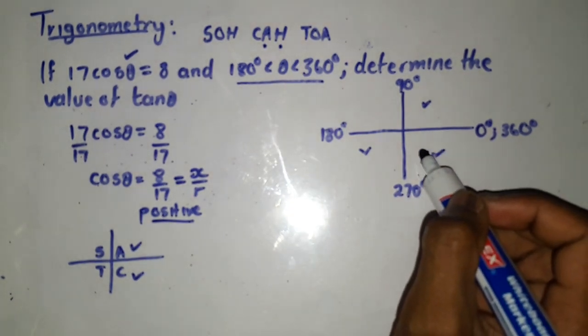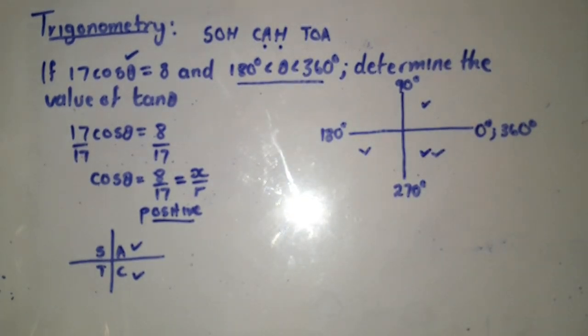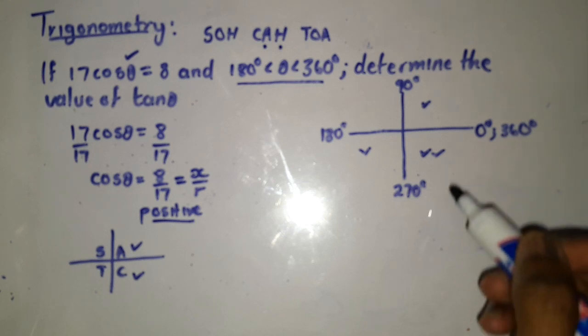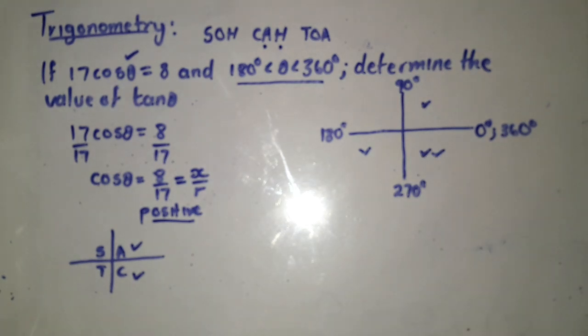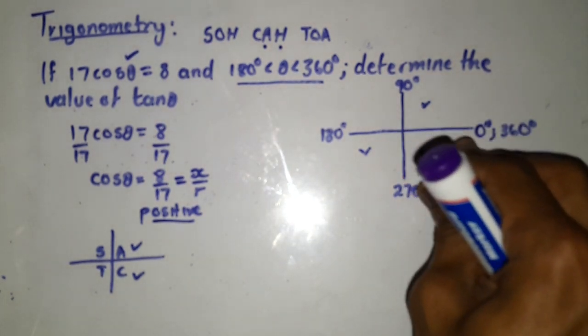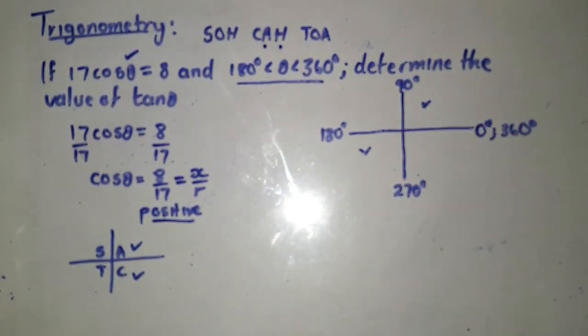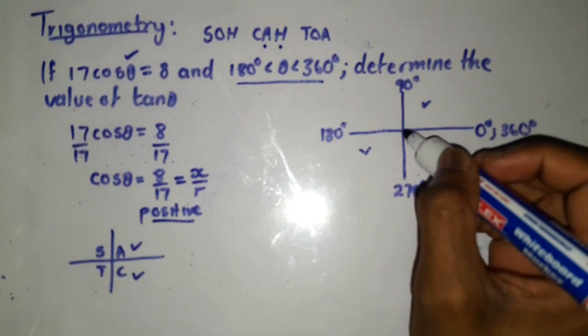We can clearly see that on the fourth quadrant there are 2 ticks. That means our diagram is going to be situated here.